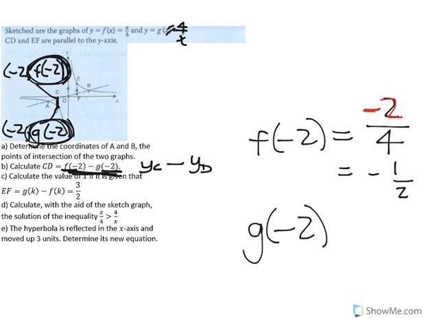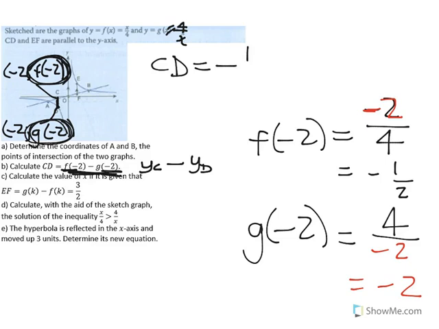And the output of g when my input is -2 is 4 over -2, which is -2. And so the length CD is going to be the y coordinate of C, which is -1/2, minus the y coordinate of D, so -2, and that ends up being 1.5 units.